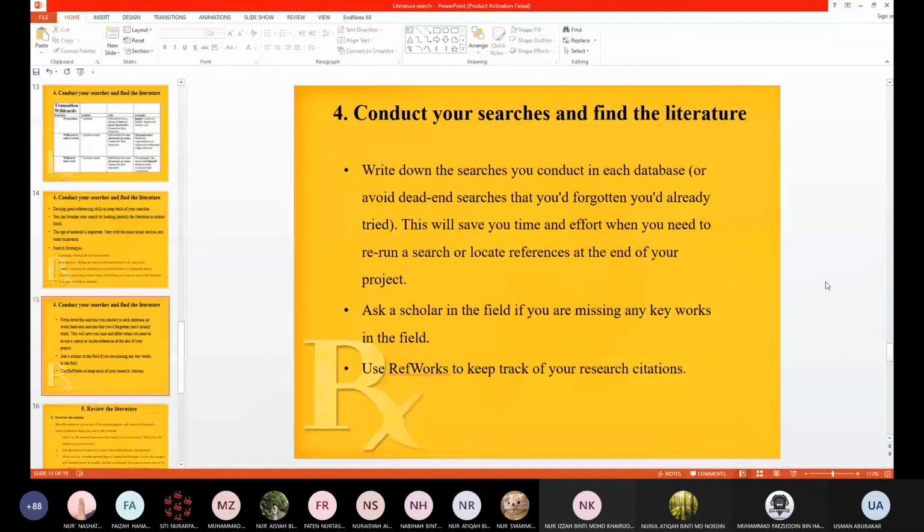Okay, I mentioned this, managing your references. But I think you had a practical session on Monday morning. Is it Monday or Tuesday morning? On literature search and Mendeley.